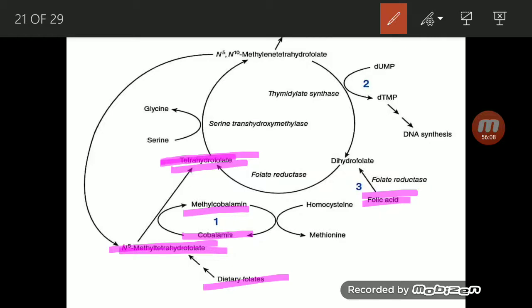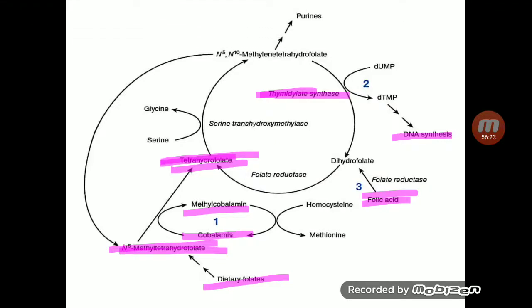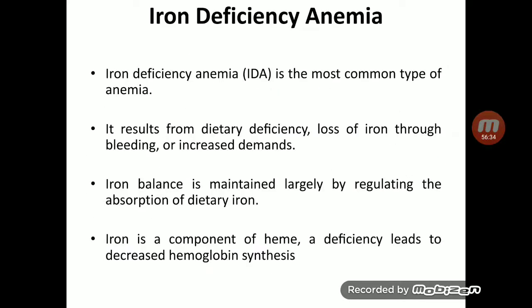So if there is no formation of tetrahydrofolate, there will be no thymidylate synthesis taking place. So if thymidylate synthesis does not take place, your synthesis of DNA is disrupted, as well as your purine synthesis. If you see over here in the top, purine synthesis does not take place.